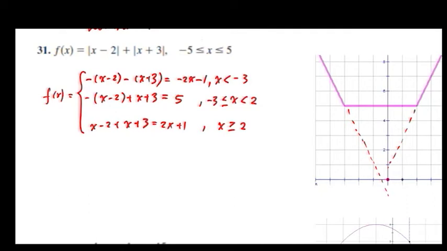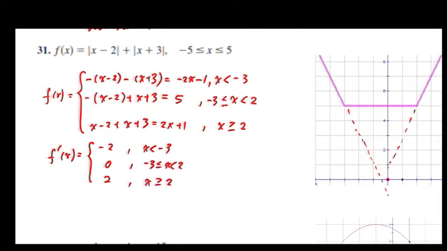Now, we know what it looks like, so we know what the minimum is, right? You still want to take a derivative? We could if you want to. Let's take a derivative. F prime of x, of course, is negative 2, 0, positive 2.